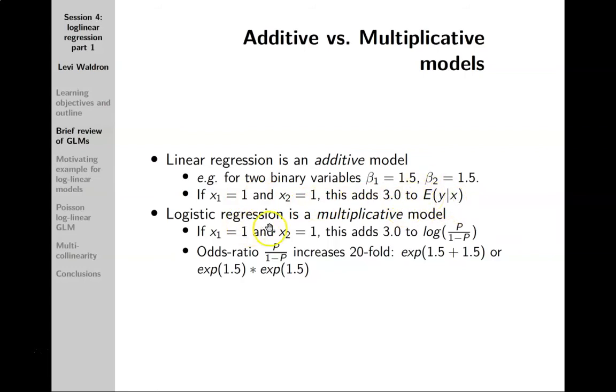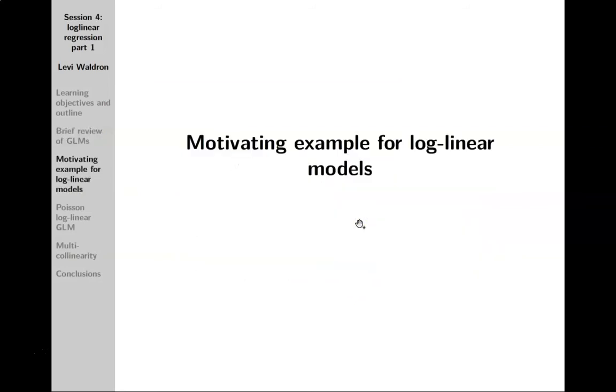Whereas logistic regression was a multiplicative model, so in that above example, if both of those indicators are 1, then it adds 3 to the log odds, so it actually increases the odds ratio by e to the 3, or about 20-fold. So that's the difference between a multiplicative and an additive model.